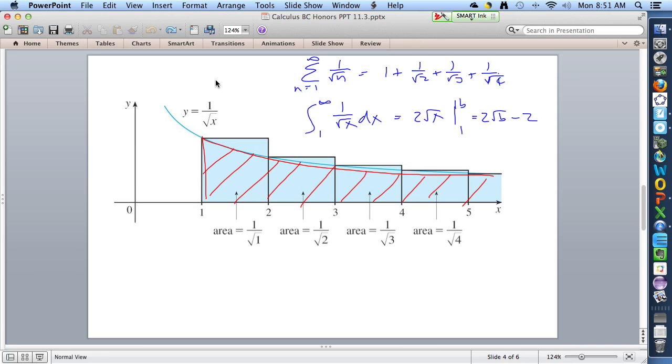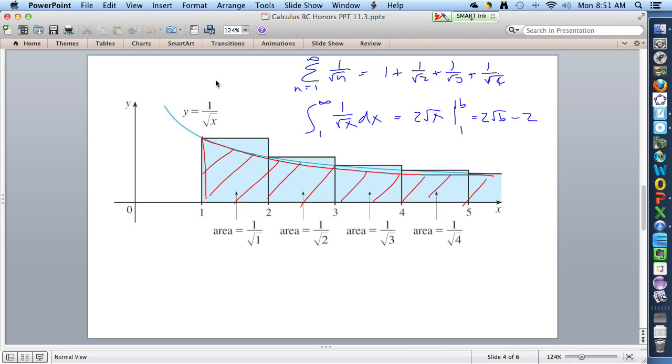I think the area of the rectangles are converging to 0. But the sum of the rectangles is actually not converging. The sum of the rectangles ends up diverging. And the rectangles are what? Overestimates. So listen, if the red area is divergent and these rectangles are overestimates, then the rectangles must be divergent, right?